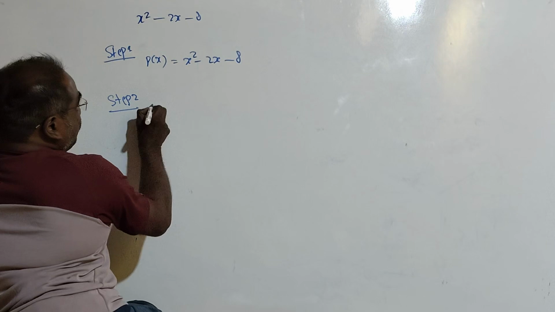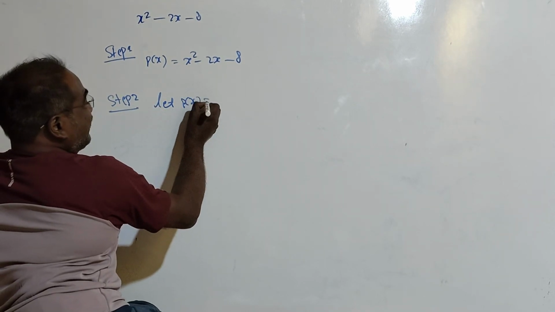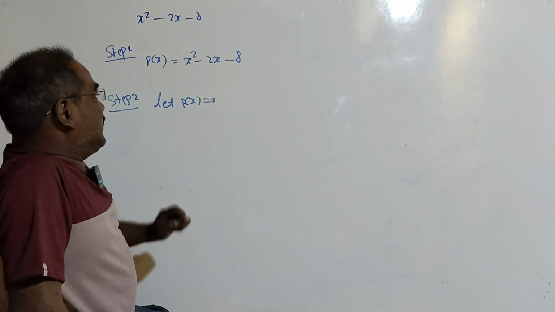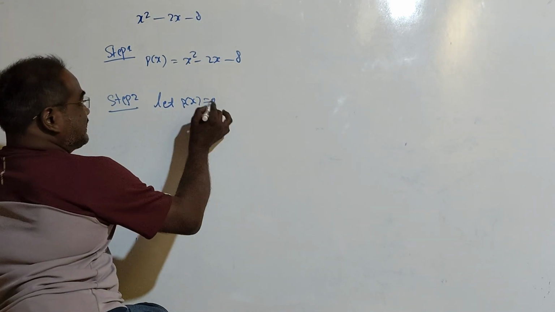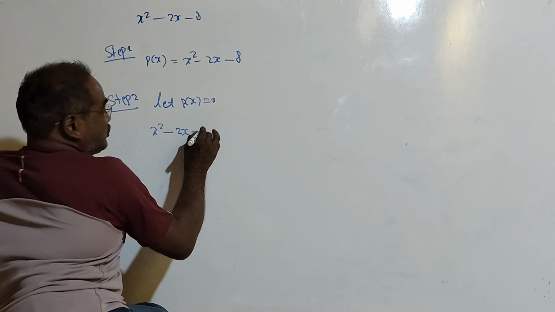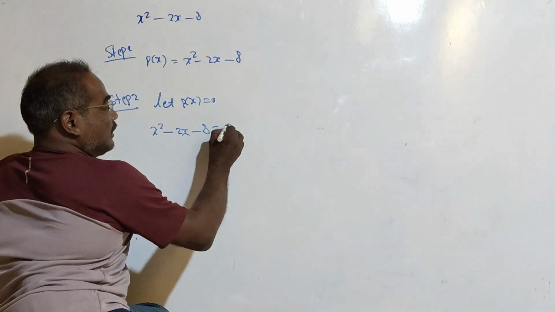Step number 2. Let p of x equal to 0. In the place of p of x, you can write 0. If you place this value, it becomes x square minus 2x minus 8 equal to 0.